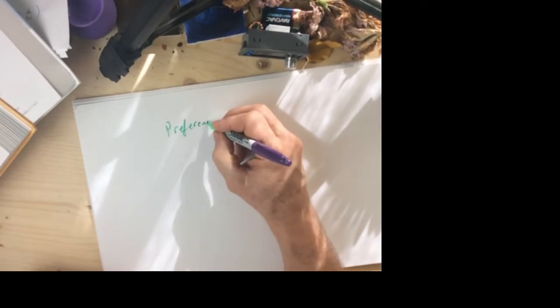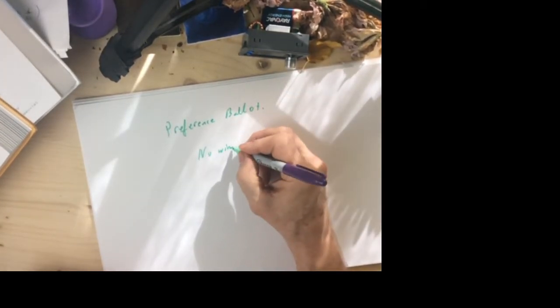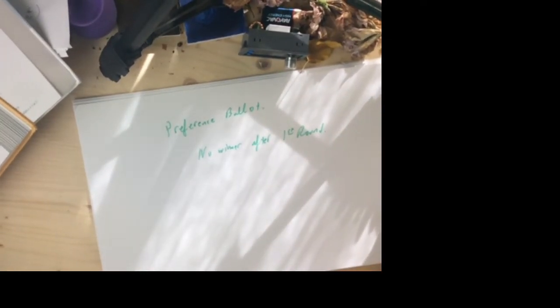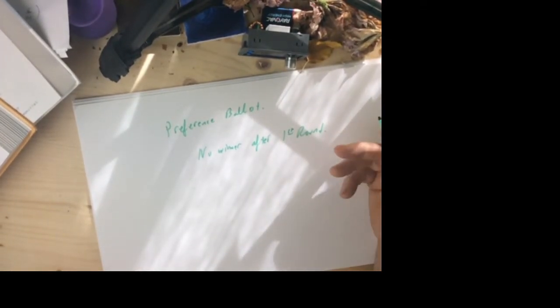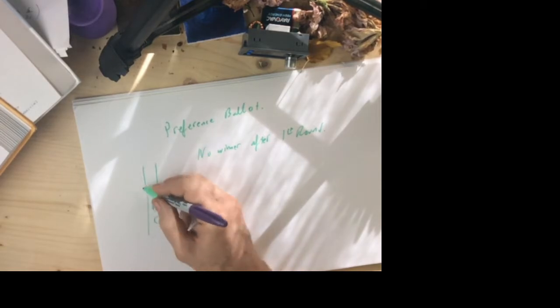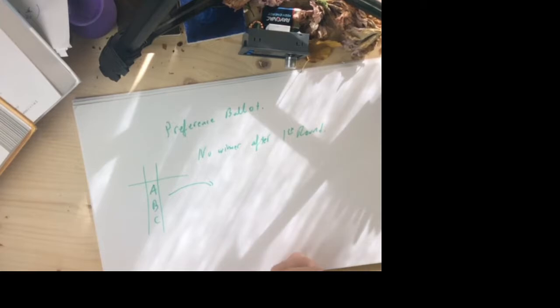Let's suppose there's no winner after the first round of voting. We go to the ballots like they did in Georgia, and there's no winner. Well, what do we do? That means we have some sort of runoff when we go vote again. But the advantage with the preference ballot is if somebody had voted A, B, C, and then we decided to have this runoff, well, maybe B was eliminated, then we can just cross it out in his ballot.